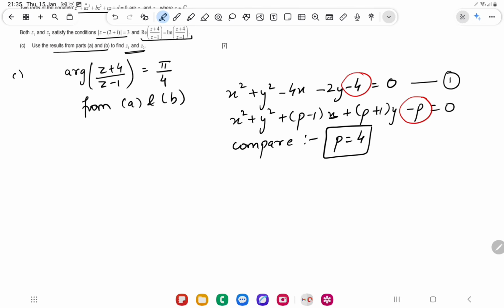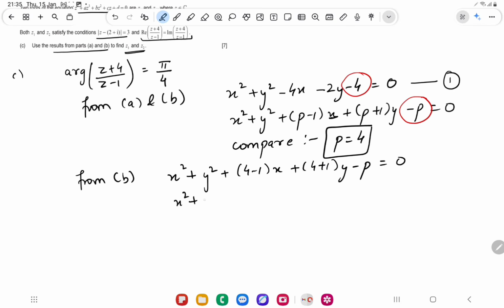Once I got my p value, now from part B I can write x square plus y square minus 4x minus 1, since I am substituting the p value, minus p is equal to 0. So I will simplify this. I have to substitute p here also, minus 4 equals 0.